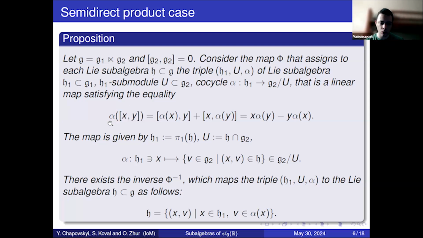Let us recall that a cocycle of a Lie algebra in a module over this Lie algebra is a linear map satisfying the following equality. The proposition gives this map explicitly and its inverse explicitly.